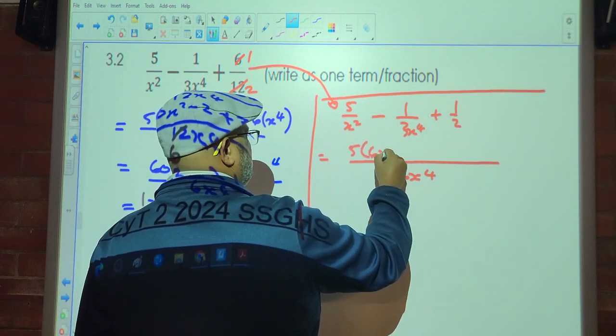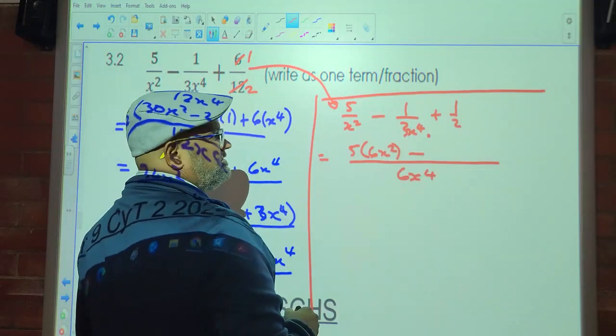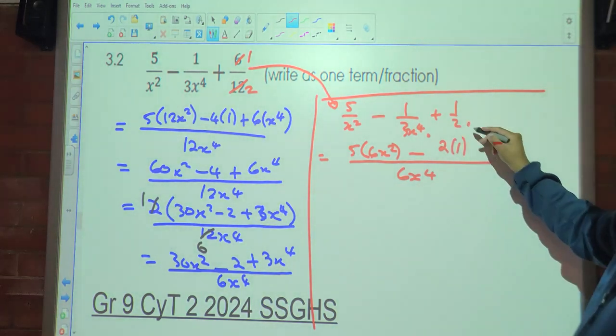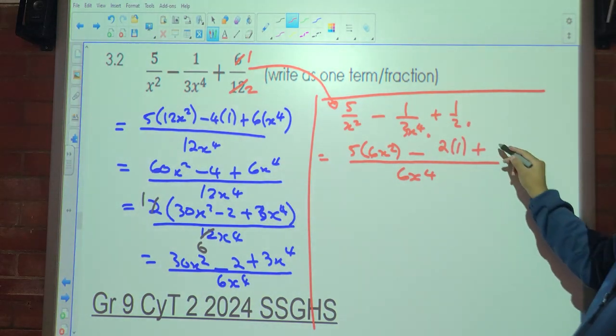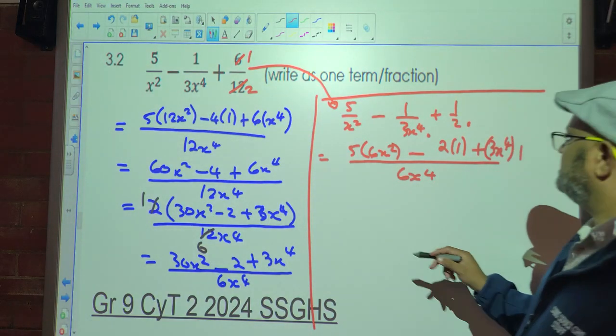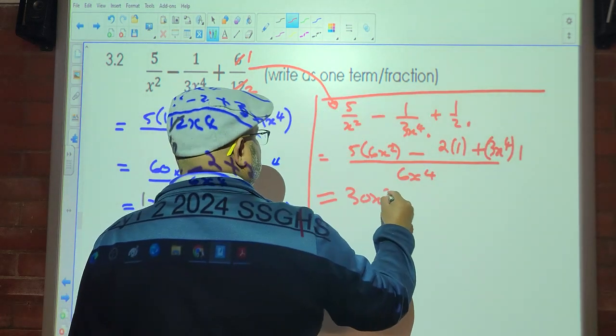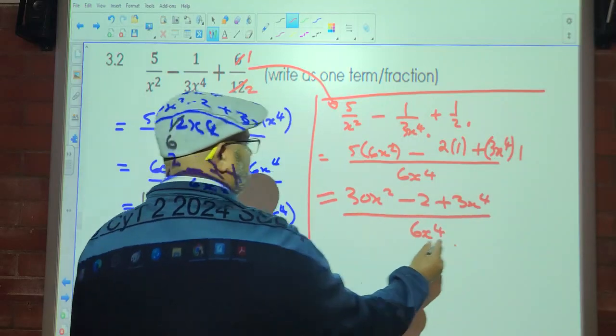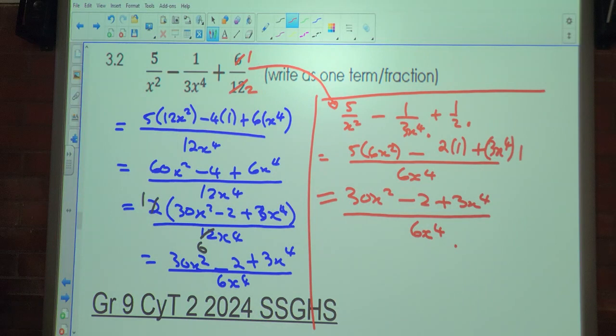So it's 5 into 6x squared, then multiplied by 2. So that will be 2 into 1. This must be multiplied by 3x⁴. Which now gives you 30x squared minus 2 plus 3x⁴ over 6x⁴. Same answer, but the numbers are much smaller. So watch out for something that can simplify first.